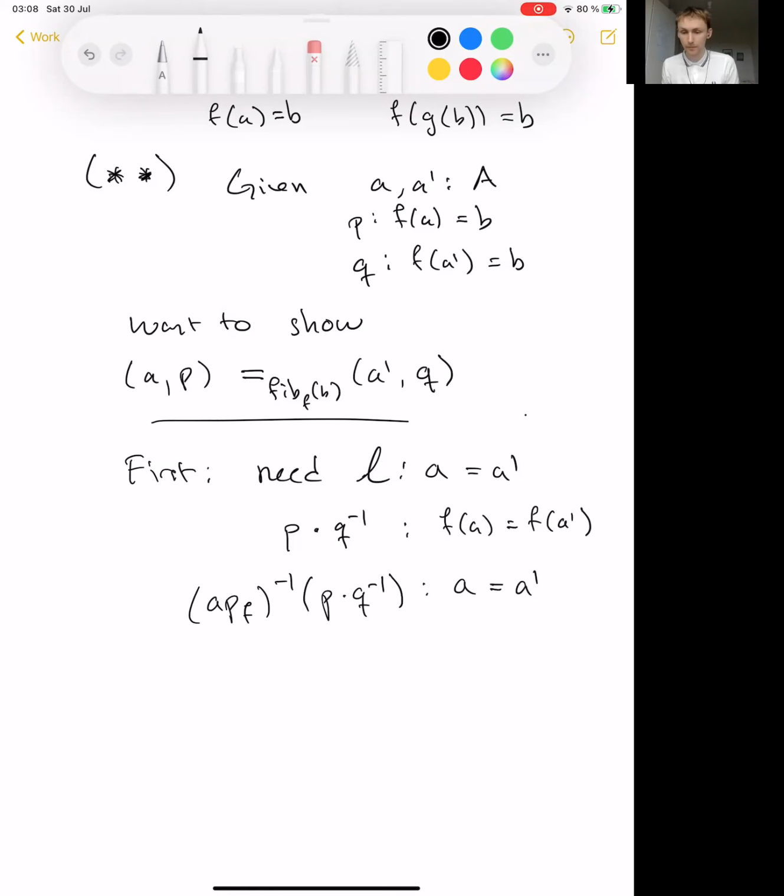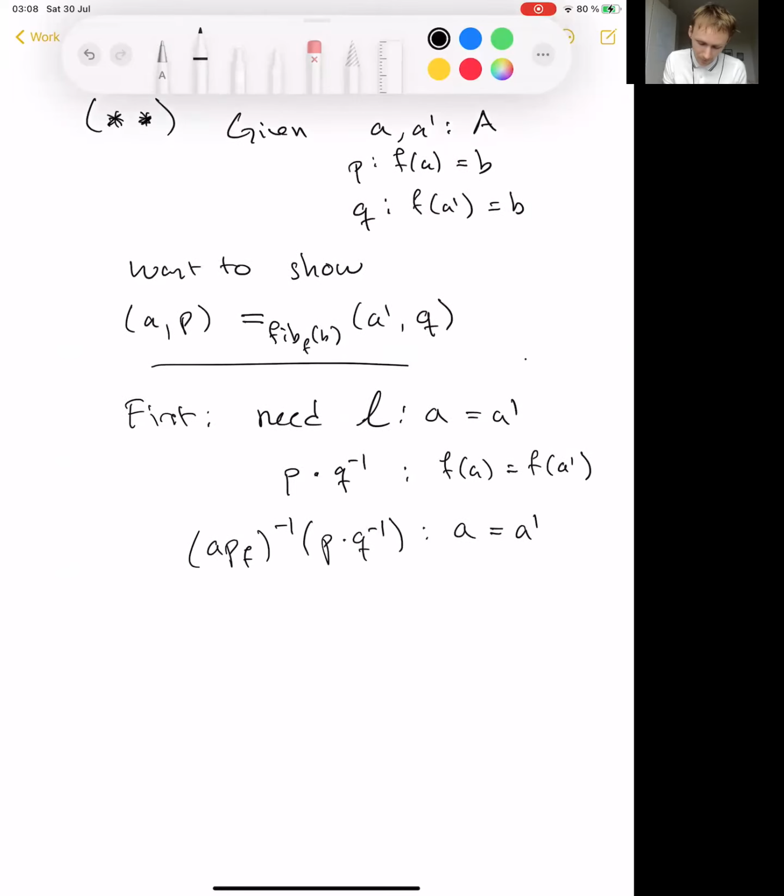I'm skipping some details here, but you would actually need to wrap this with some coherence paths that tell you that f inverse composed with f is equal to the identity.